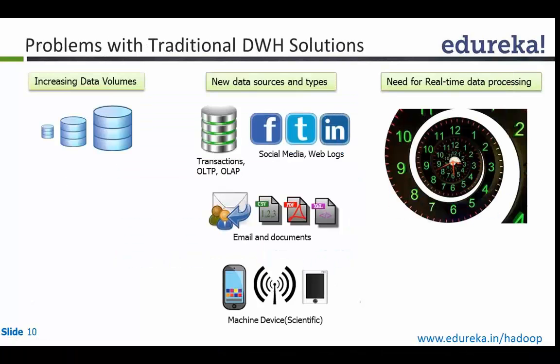Okay, so when it comes to a few of the challenges you would see with the traditional data warehousing solutions: the traditional data warehousing platforms or solutions are built on top of relational database systems or on the concepts of RDBMS.